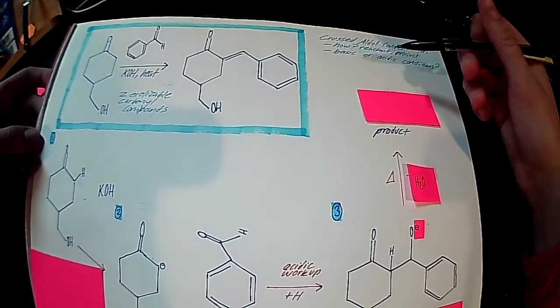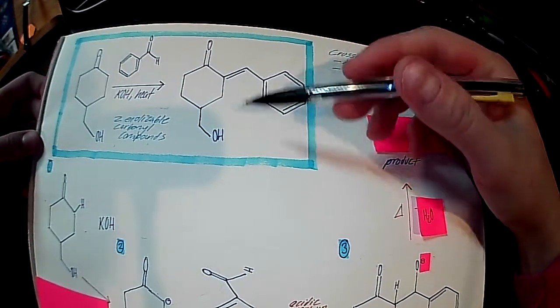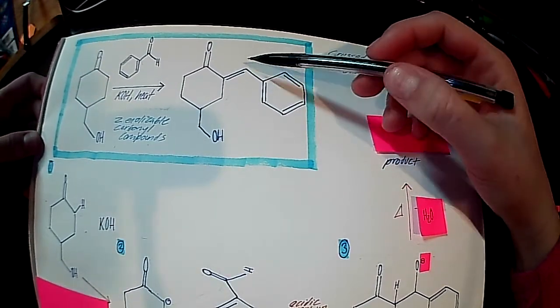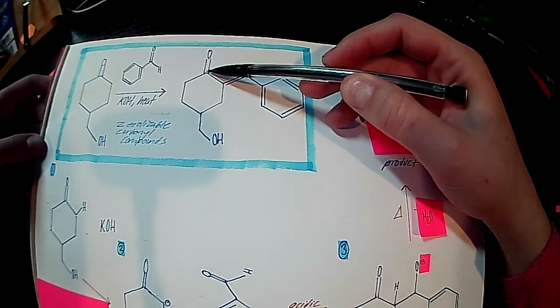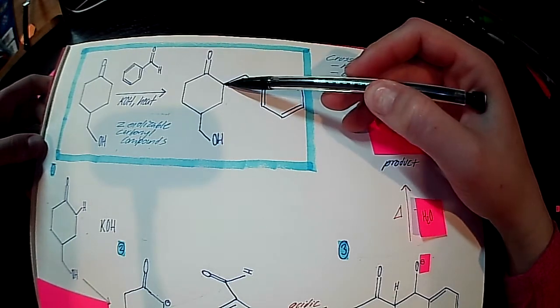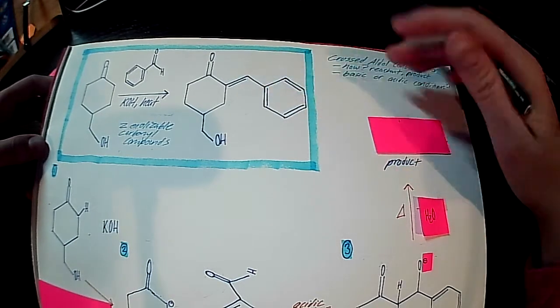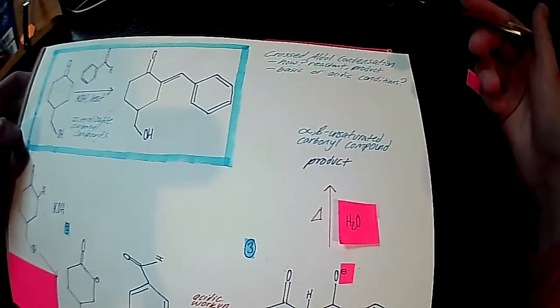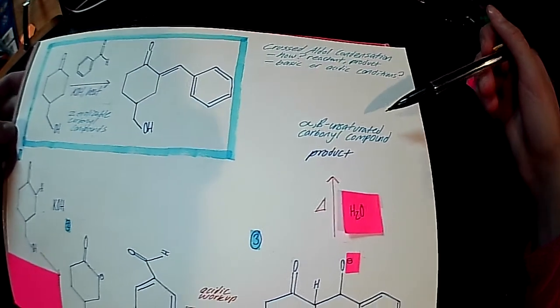And with our product, that actually gives us a lot of information too. Looking at this product, we can see that we have our carbonyl carbon, which is located here, connected to our oxygen. And then at the alpha position and the beta position, we have a double bond. So we can tell that this is an alpha beta unsaturated carbonyl compound.